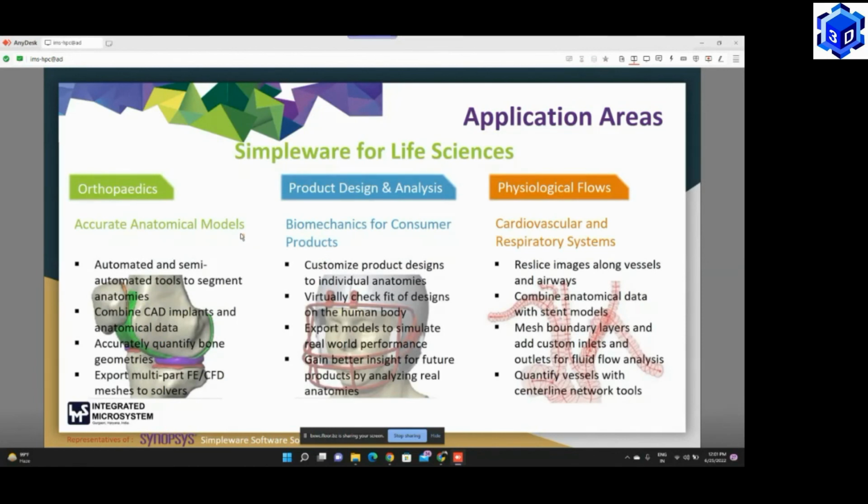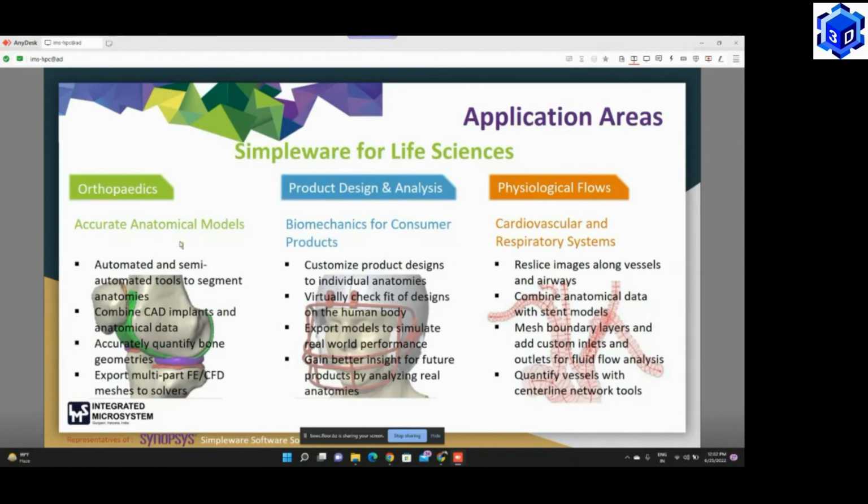So these are some of the other categories. For orthopedics, you have automated and semi-automated tools for segmentation. You have CAD implant design and anatomical data section, and you can also quantify bone geometries. For product design, you can virtually check the fit and fit efficiency, or calculate stress and strain for different materials.